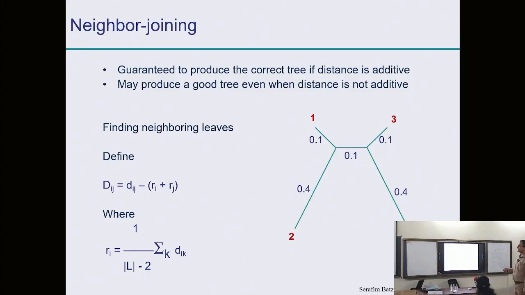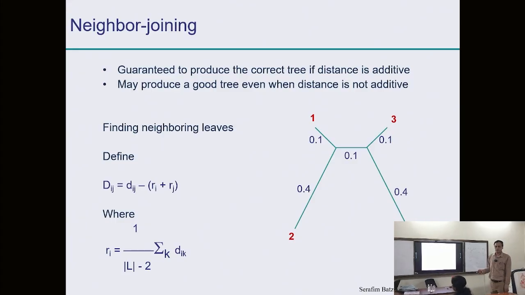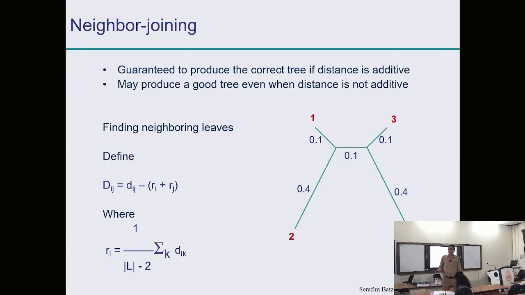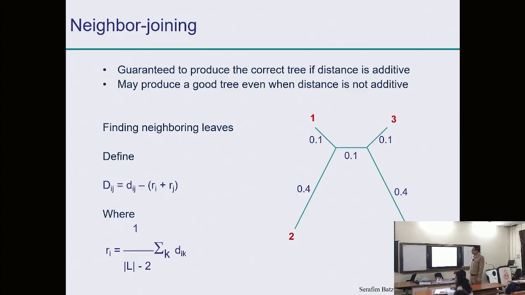So, what they did actually, they recomputed the distance between two nodes, i and j. Dij is the same as in UPGMA, but they compensated with the terms Ri and Rj.